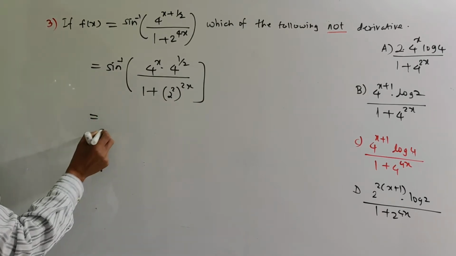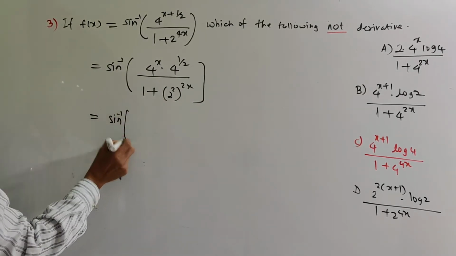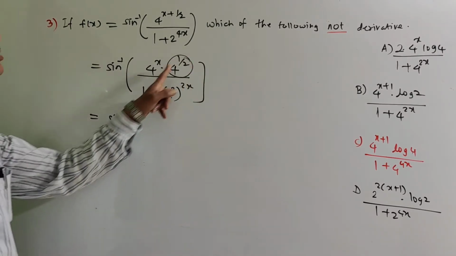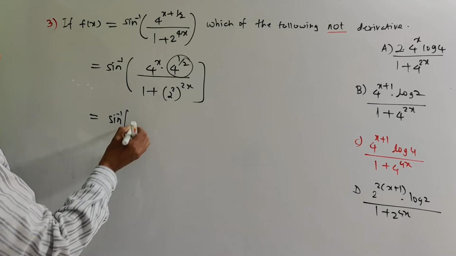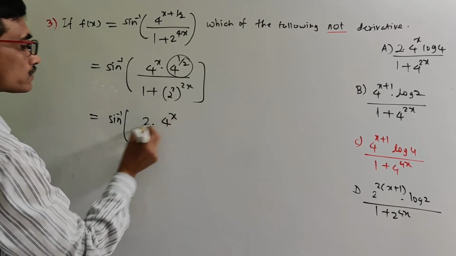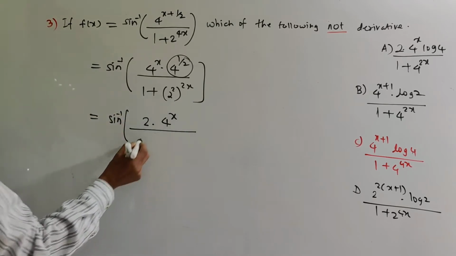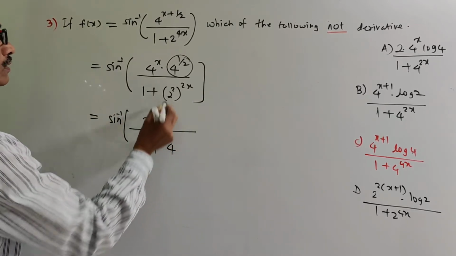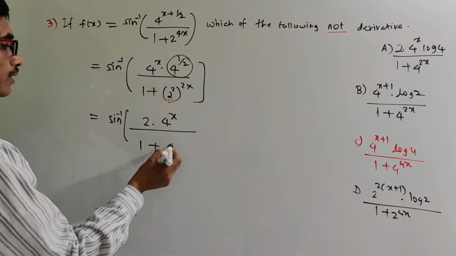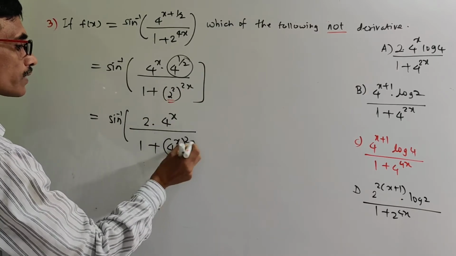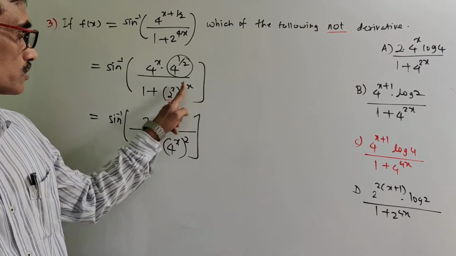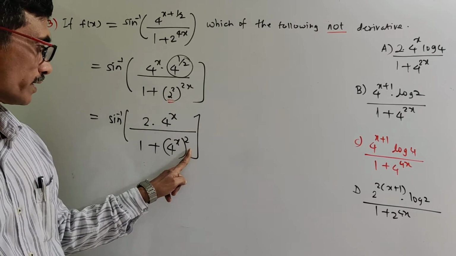Now this is sine inverse of 4 raised to power x, and 4 raised to power 1 by 2 is 2. So 2 into 4 raised to power x upon 1 plus 4 raised to power 2x, means 4 raised to power x whole square we will write.